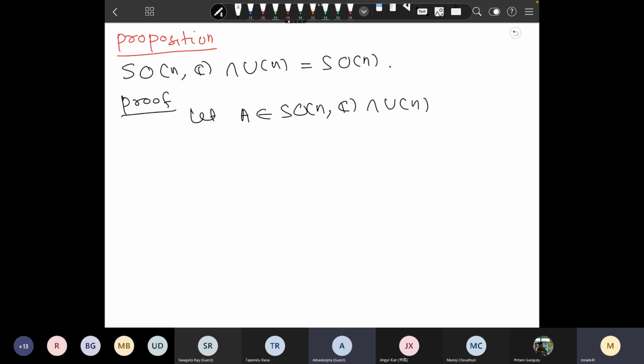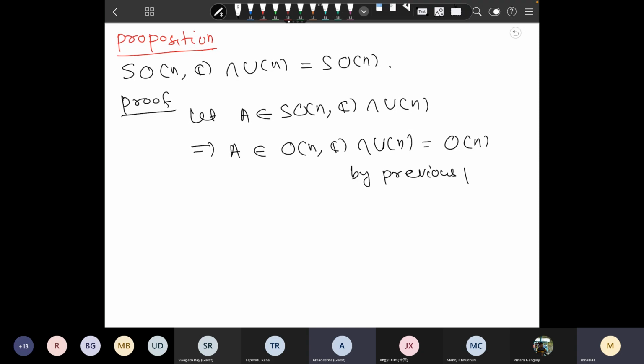That implies A belongs to ONC intersection UN, and I have proved that this is ON by the previous proposition. Now, as the determinant of A is equal to 1, this implies A belongs to SON.